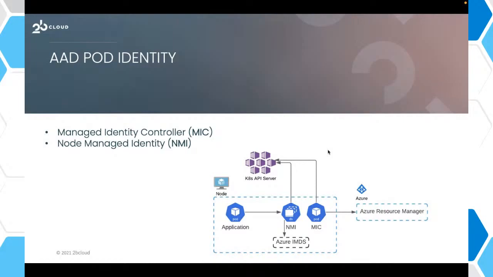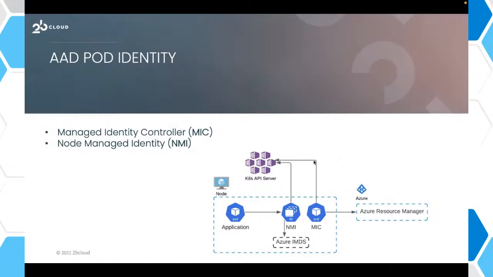The second component is the NMI, the node managed identity. The NMI is a pod that runs as a daemon set on each node in our cluster. NMI intercepts security tokens requests to the Azure Instance Metadata Service on each node.